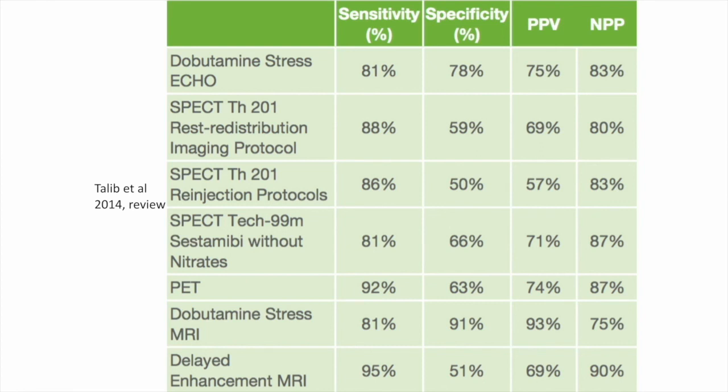On a meta-analysis for the assessment of viability, delayed enhancement MRI had a very high sensitivity and negative predictive value. Dobutamine stress MR was very, very good in both its sensitivity and specificity.